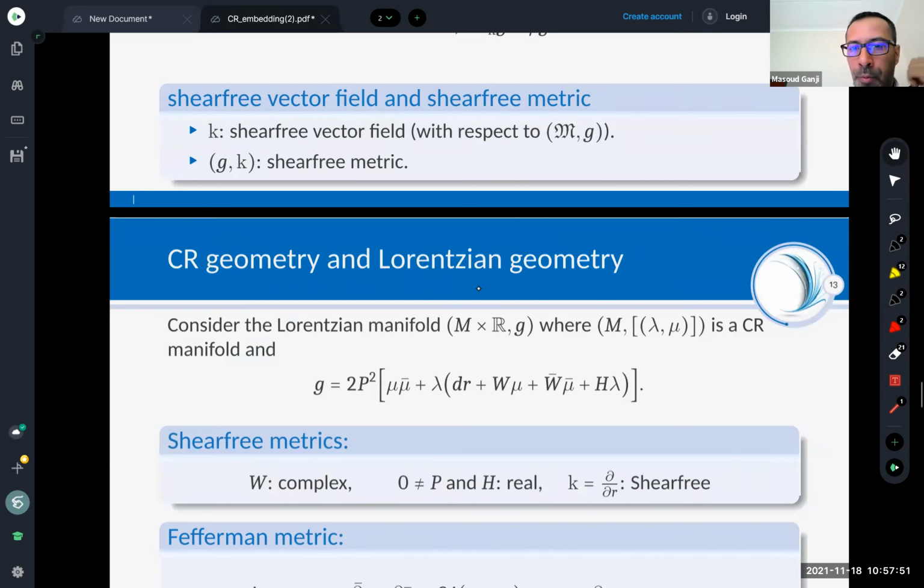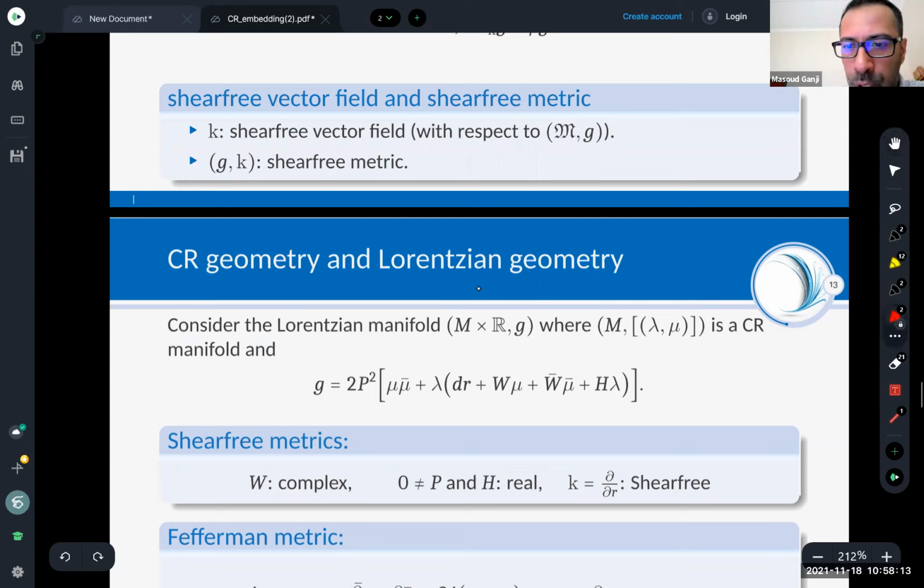So now this is where we have to connect CR geometry and Lorentzian geometry, which Adam mentioned earlier. If we have a CR manifold M, and if you look at this line bundle, Cartesian product, we introduce this metric this way. So sometimes we don't distinguish between forms in this way.